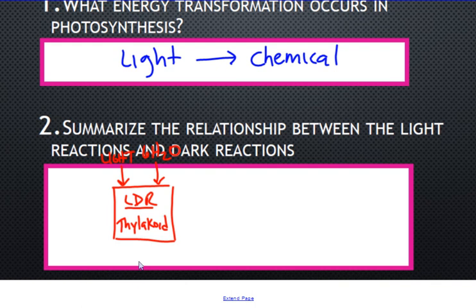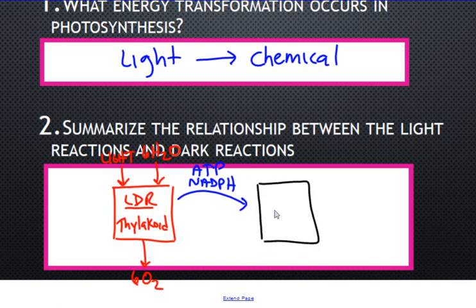Water is going to split apart, and we are going to lose 6 molecules of oxygen. In this process, creating a little bit of electrical current, and we are going to build up ATP and NADPH. So that is the chief result. That is being sent to the second step. So this is step 1.